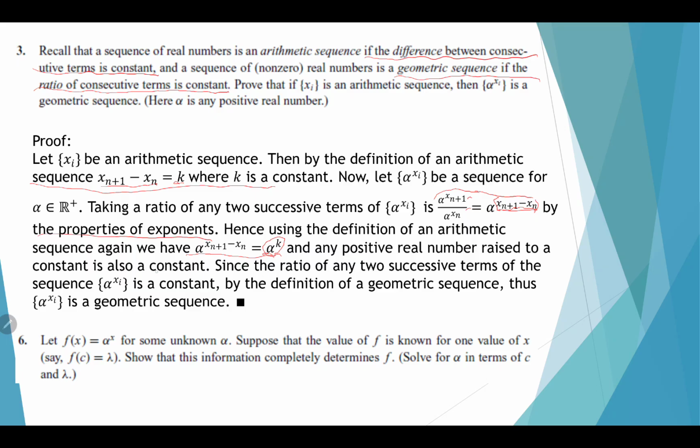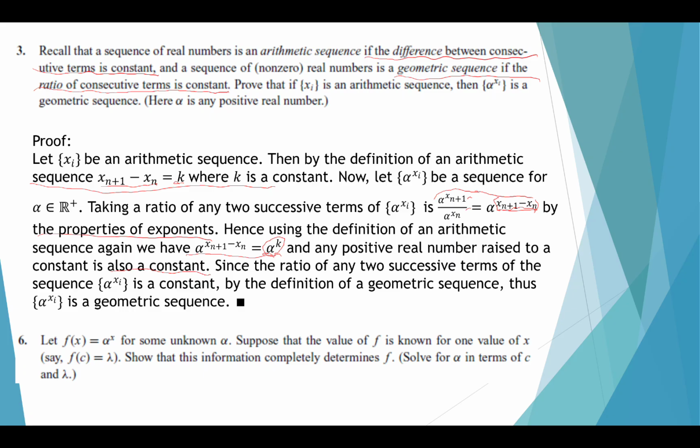So by the definition of geometric sequences, a to the x is a geometric sequence. Period. Or put a box, because this was a proof, right?